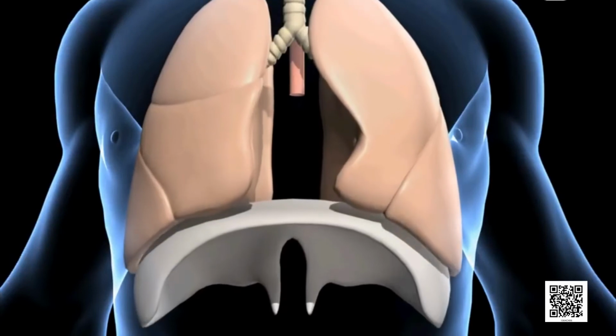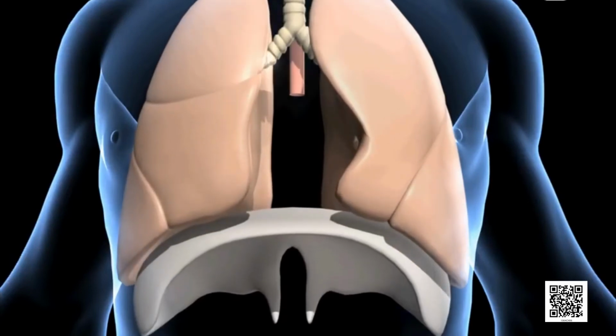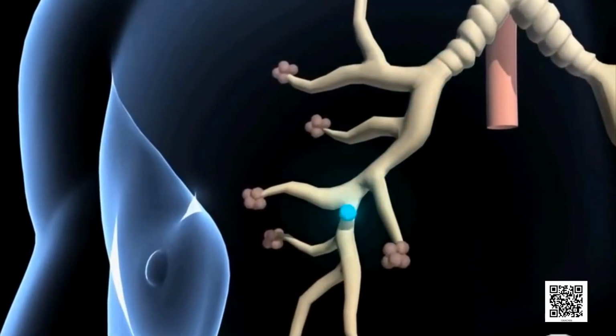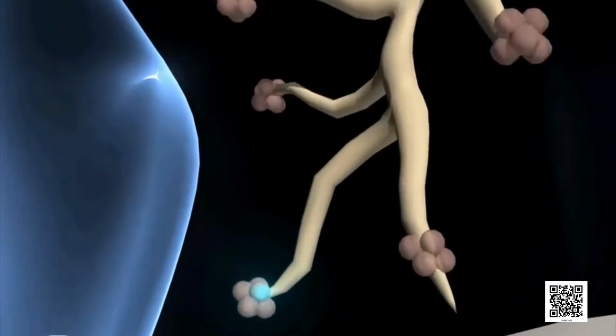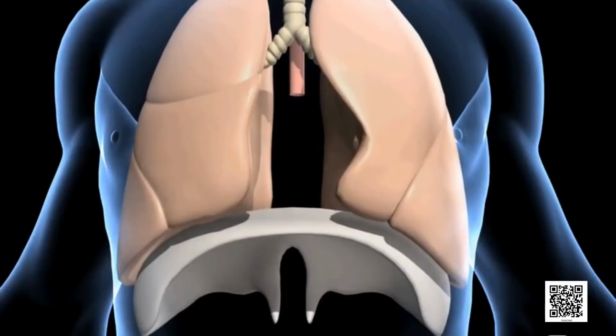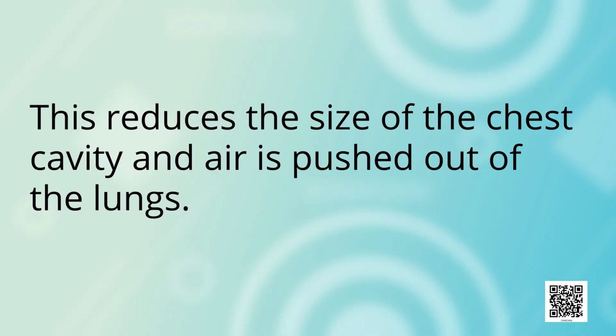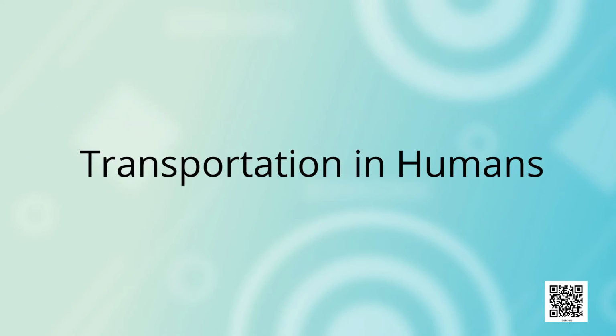The lungs get filled with air. During exhalation, ribs move down and inwards, while diaphragm moves up to its former position. This reduces the size of the chest cavity and air is pushed out of the lungs. These movements in our body can be felt easily.